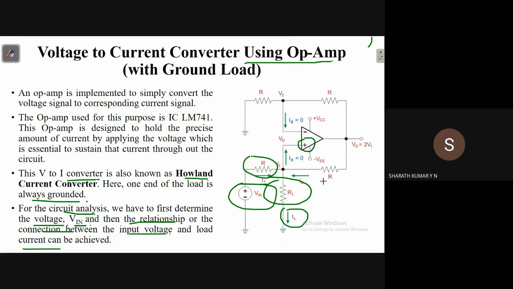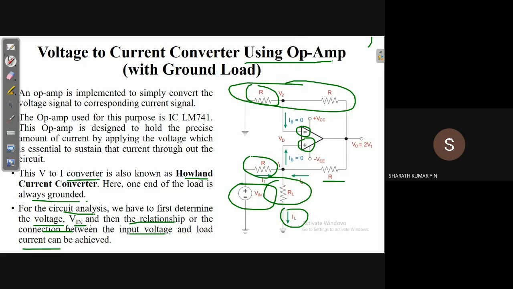There is a feedback resistance, and there is a feedback resistance for the inverting input terminal also, and one more resistor is connected to ground. This additional resistance, the feedback network connected to the inverting input terminal, helps in obtaining the gain of the op amp. So this will decide the gain of the op amp.